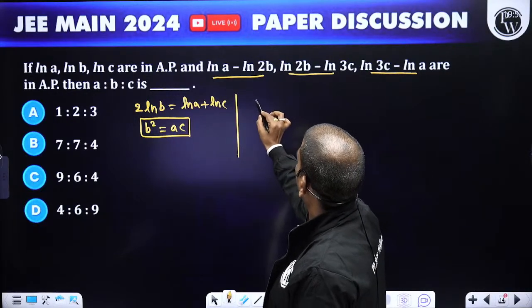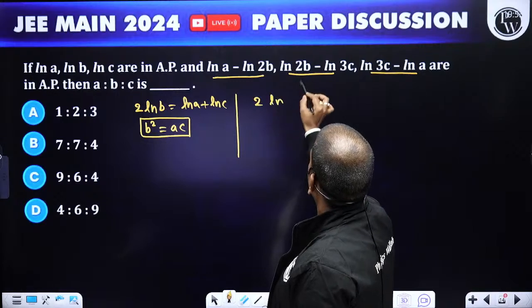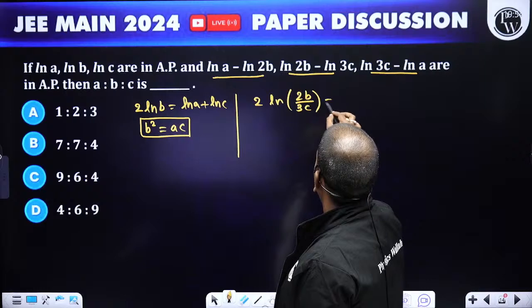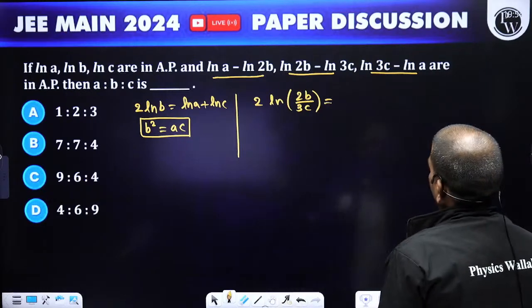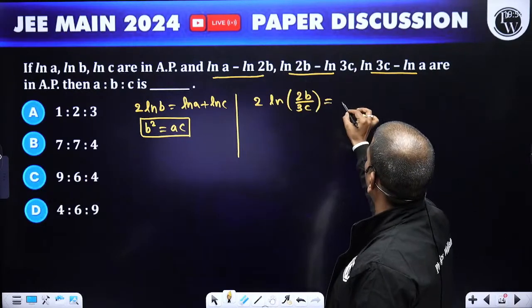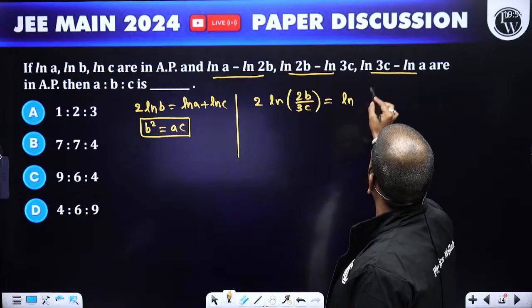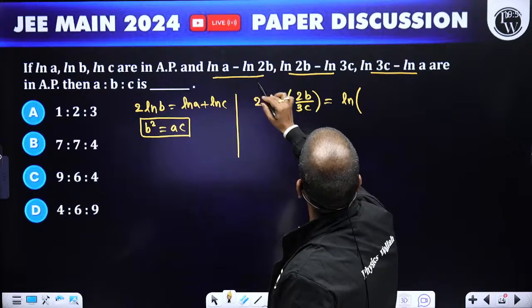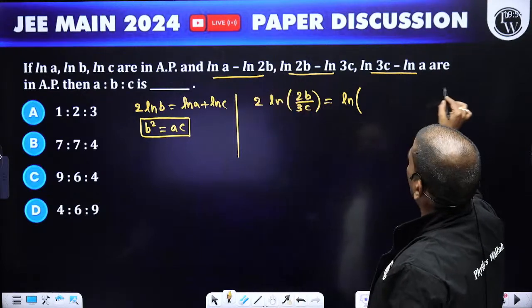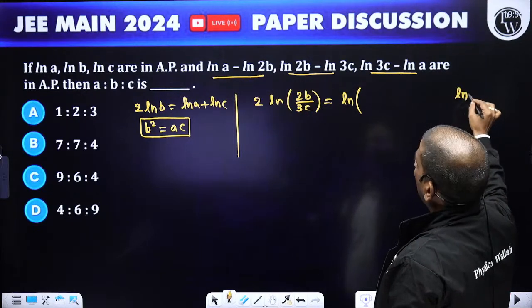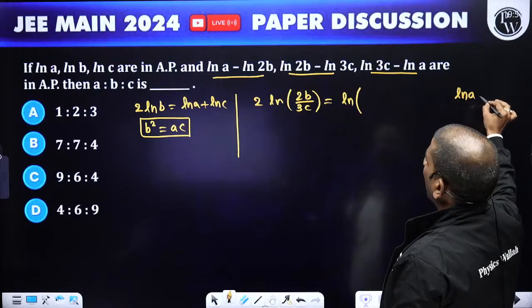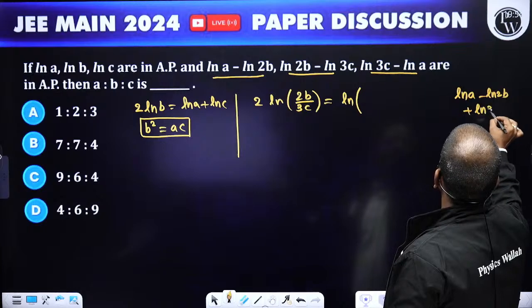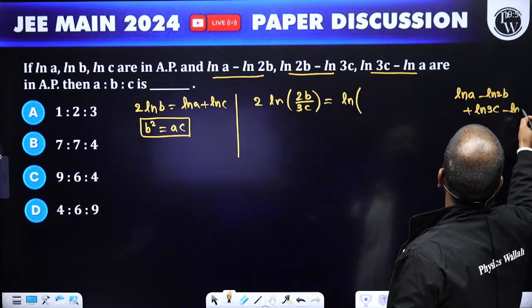So 2 times ln, I can apply this formula: ln of a, ln of b, ln a minus ln 2b plus ln 3c minus ln a.